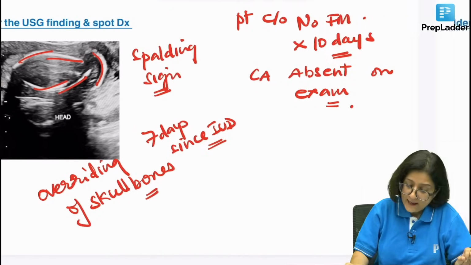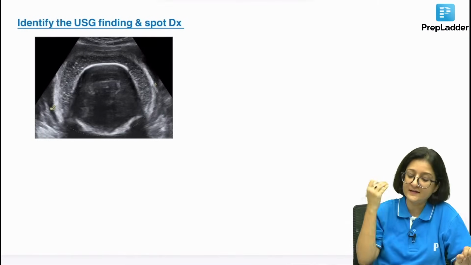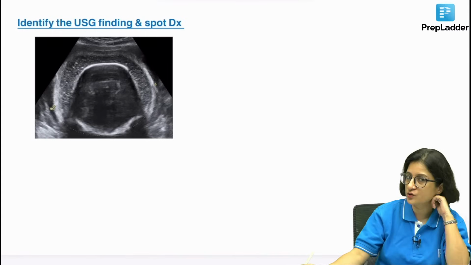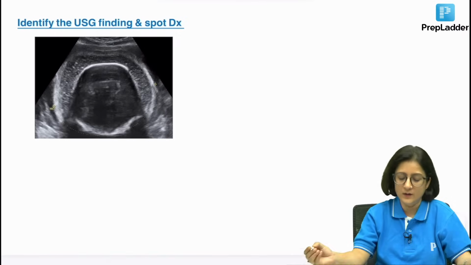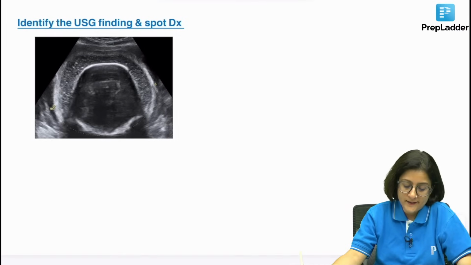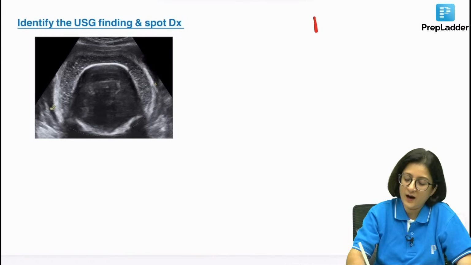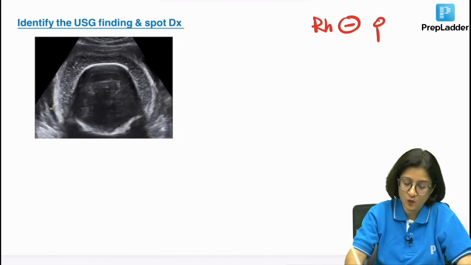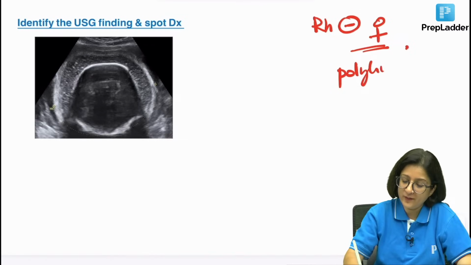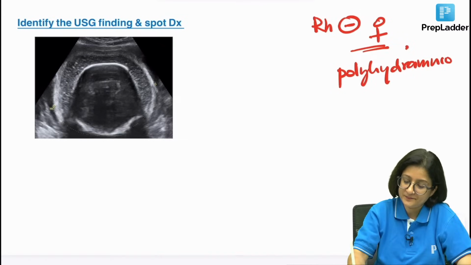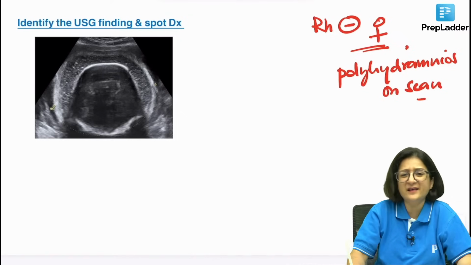Very good. Next image, identify the ultrasound finding and spot diagnosis. So ultrasound, again, spot diagnosis always comes with a clue. All right. So let me tell you, Rh negative woman. And let me tell you, polyhydramnios is also there on scan. I mean, I can think of n number of clues.